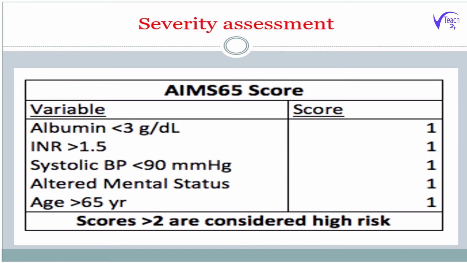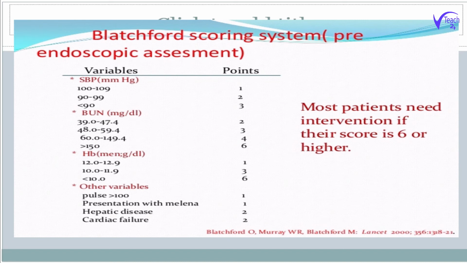Similarly, there are some other scoring systems as well, like the Blatchford scoring system. In the Blatchford scoring system, we have variables like systolic blood pressure, blood urea nitrogen, hemoglobin, and other variables, and there are scoring points on each variable. You need to know what variables you will consider.